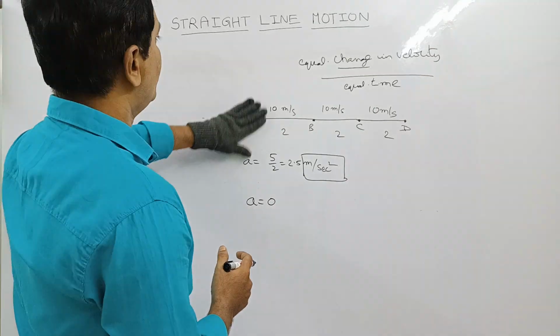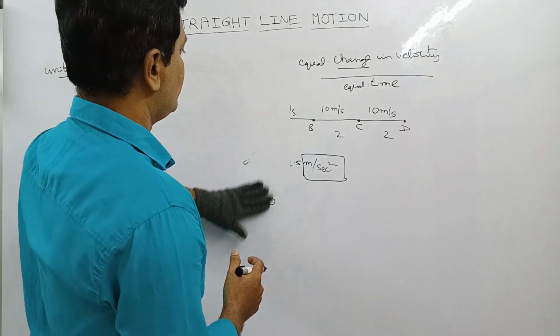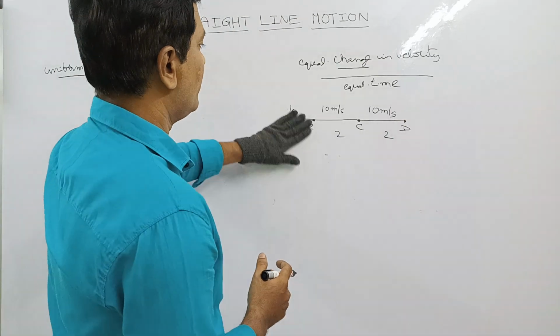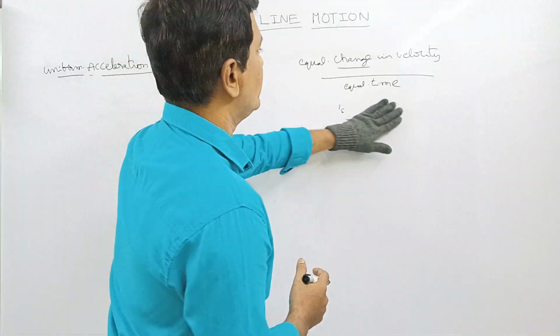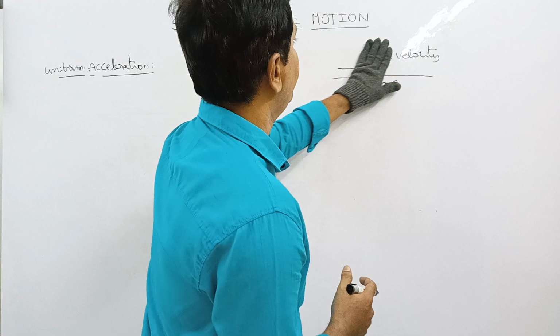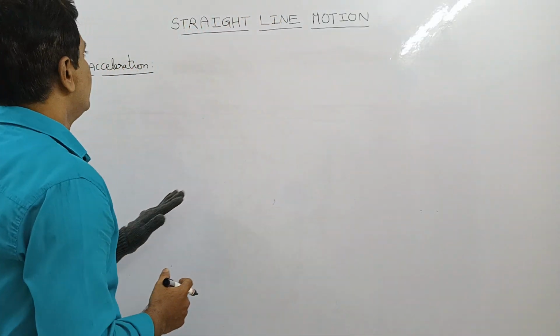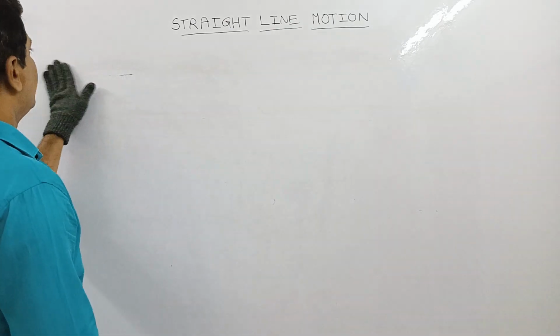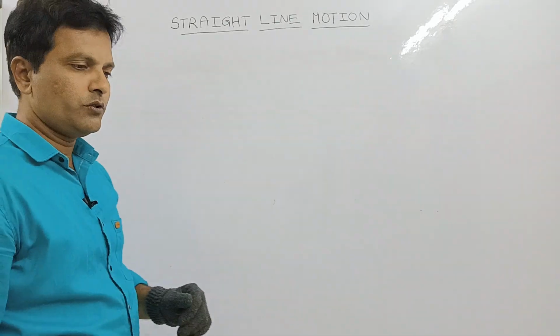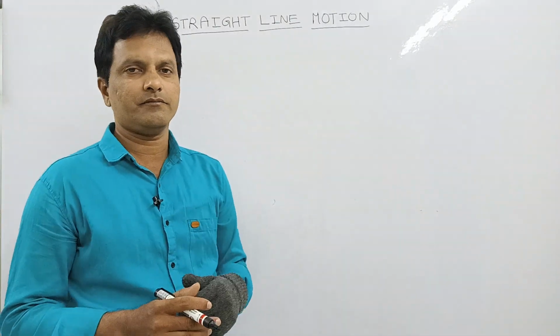What is relative motion or relative velocity? See, average speed and average velocity have some more importance in this lesson.